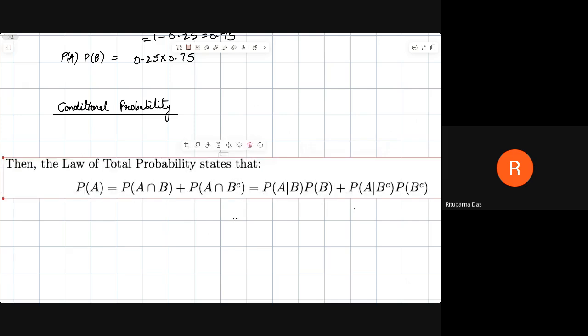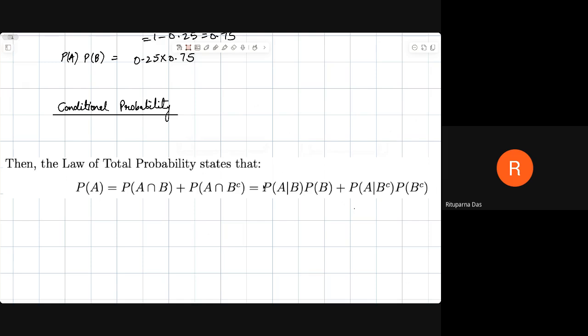So the total law of probability states that P of A is equal to P of A intersection B plus P of A intersection B complement, right? Which means P of A given that B occurs multiplied by P of B, or B does not occur. So when B does not occur, that's P of A given that B complement occurs multiplied by P of B complement. So this is the statement for total law of probability.